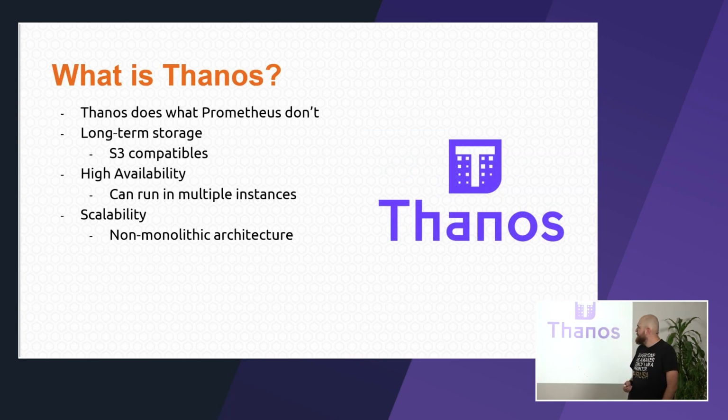What is Thanos? Thanos does what Prometheus doesn't. Let's say you want to handle high availability. You can, because Prometheus doesn't have high availability support, and you will use Thanos for it. It's long-term storage. Prometheus cannot store data in long-term storage like an S3 bucket or GCP bucket. High availability can run in multiple instances.